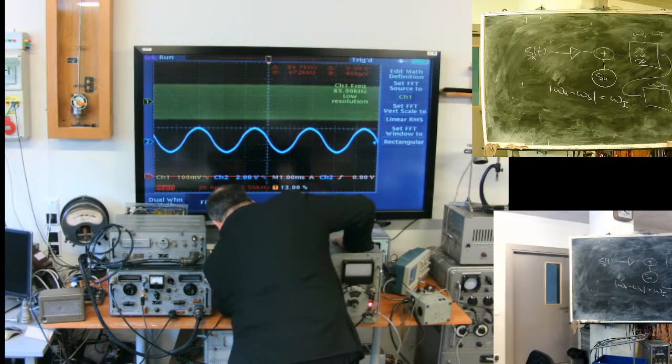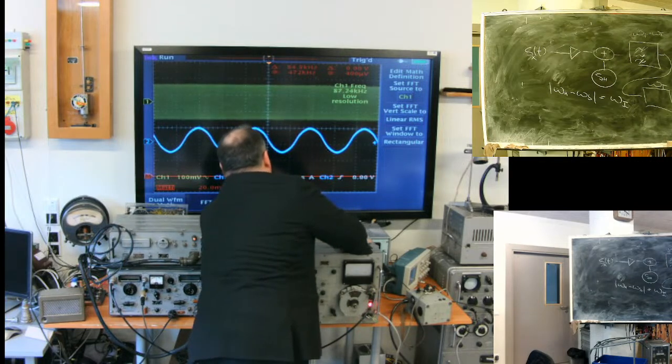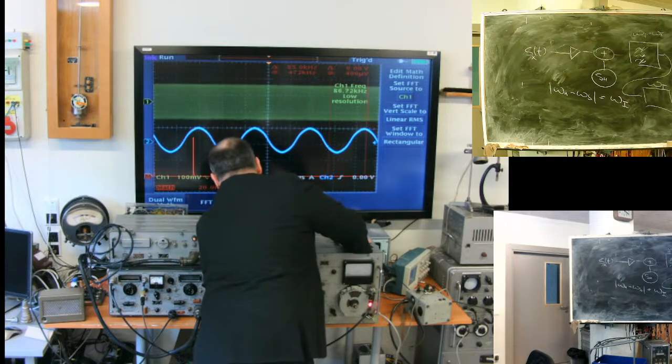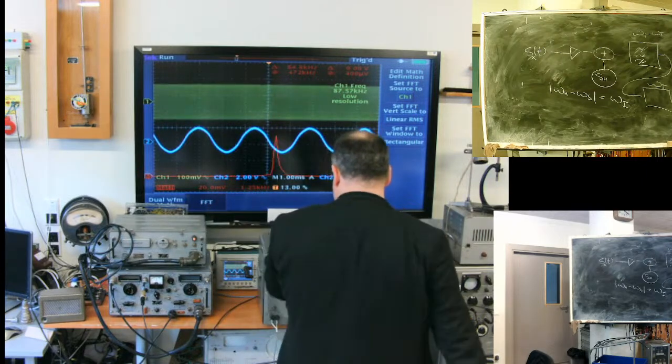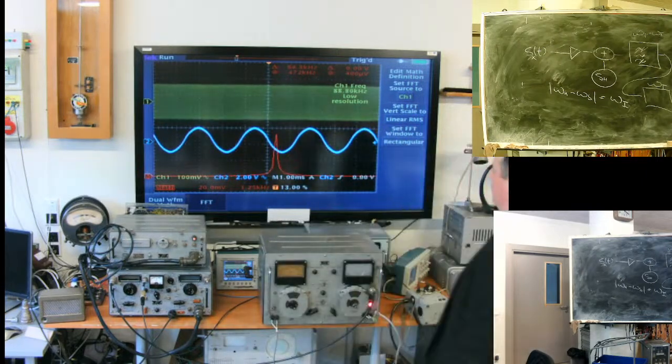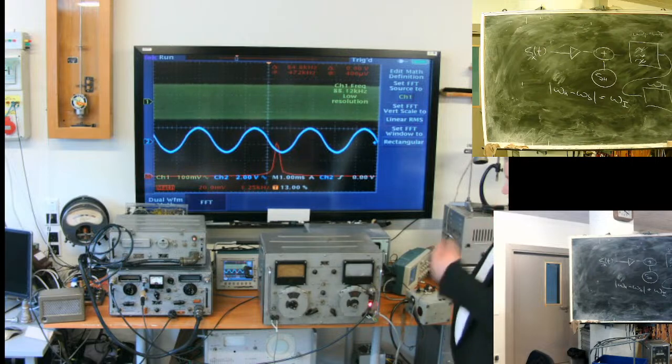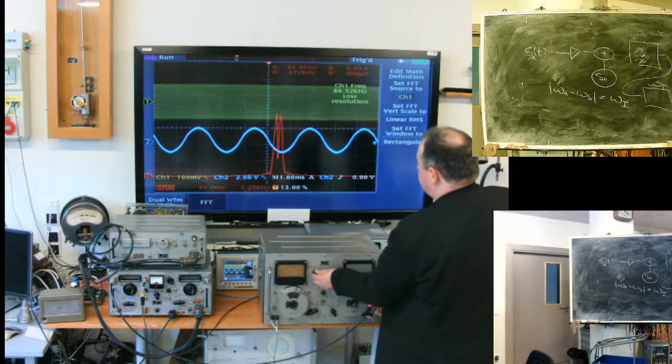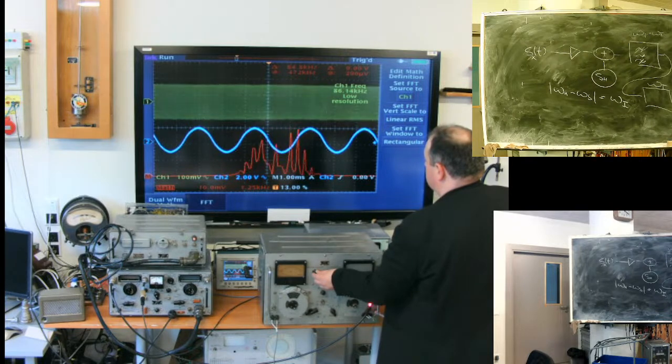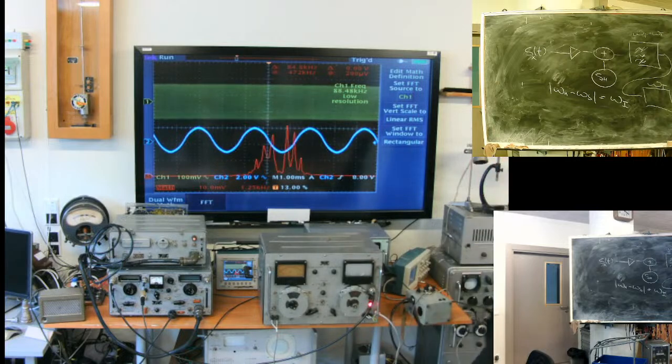Here it is. I'll bring it to the center of the screen. Near zero modulation, we have one central line. Small, only a couple of percent.